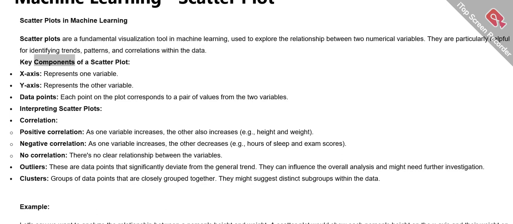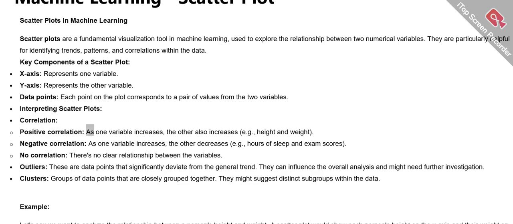Key components of a scatter plot. X-axis represents one variable. Y-axis represents the other variable. Data points: each point on the plot corresponds to a pair of values from the two variables. Interpreting scatter plots. Correlation.